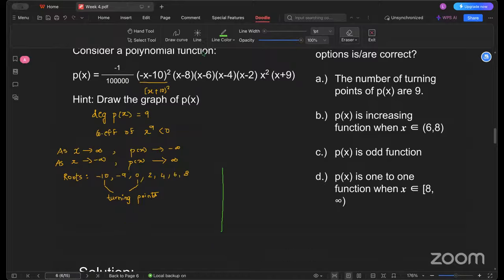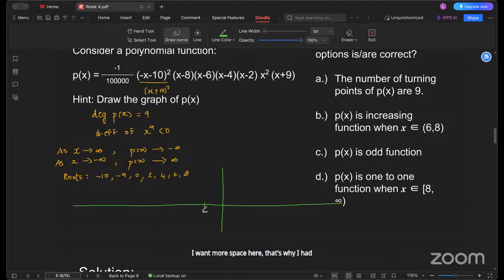For that you have to specifically try drawing some graphs and understand it. Maybe we'll do that after completing this problem. So first let's complete this. I want more space here, that's why I had to remove and draw again.